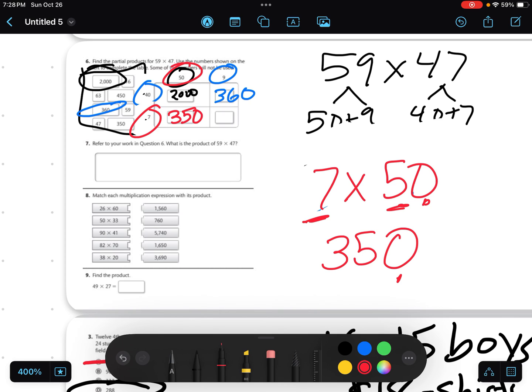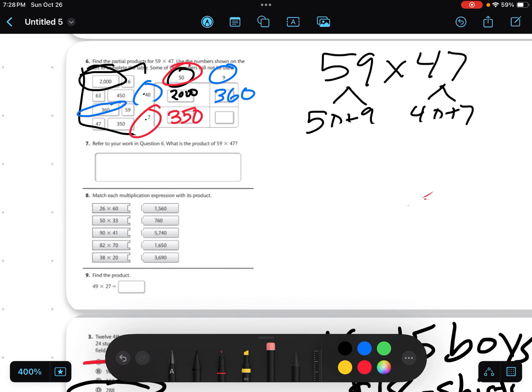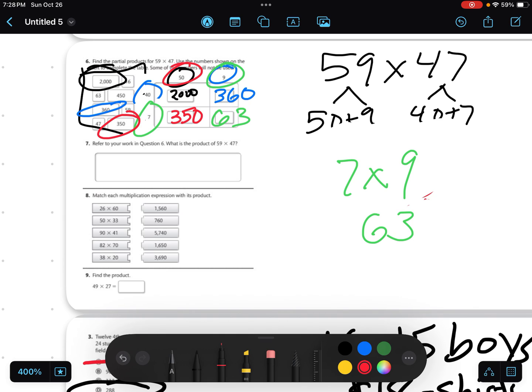And then I'm going to do my final partial product, which is going to be 7 times 9, which I could have done without, I guess, but 63. So 350 is here, 63 is here. So those, on the digital test, you would drag and drop.